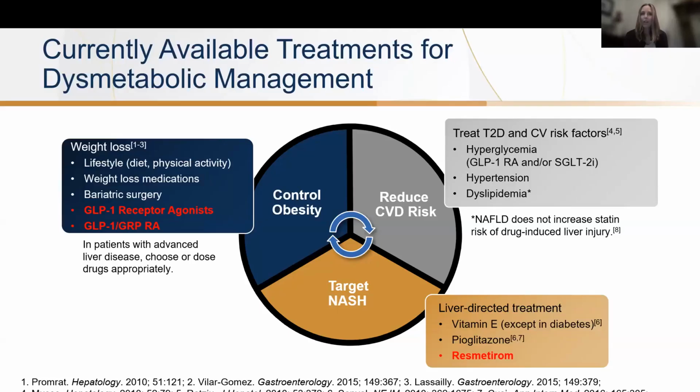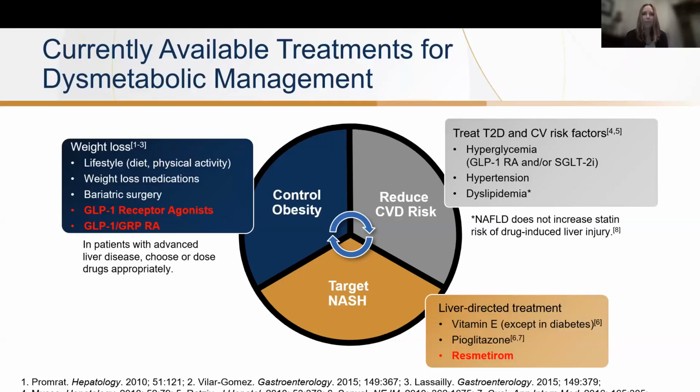Underneath weight loss, you'll see that this can be done in different ways: lifestyle, dietary changes, physical activity, lifestyle modifications, weight loss medications, bariatric surgery, and then the two highlighted drug classes here, the GLP-1 receptor agonists and GLP-1 GIP receptor agonists.